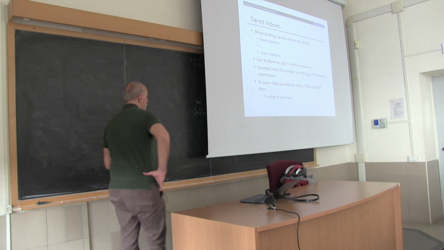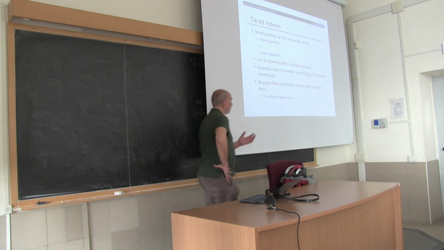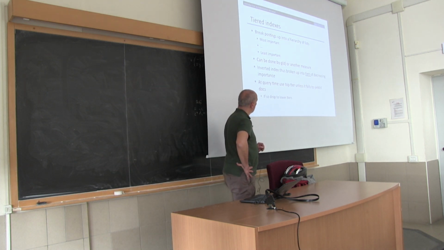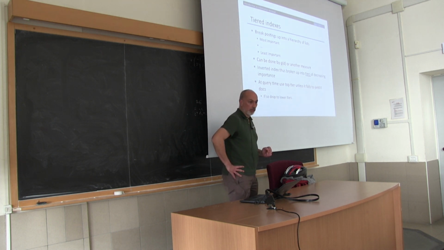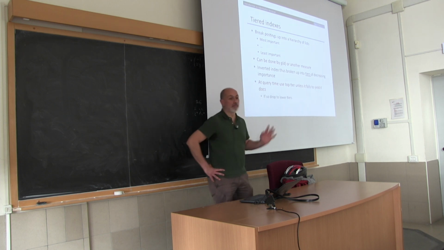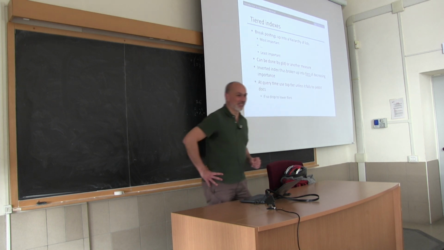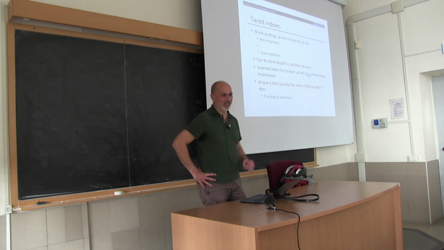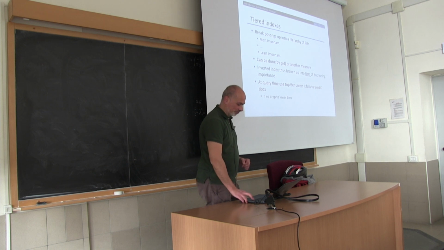And how can you build these special indexes? By, for example, using some static measure of relevance, or of authority, if you want, like this famous one, that perhaps will be specified at a later time in this course.